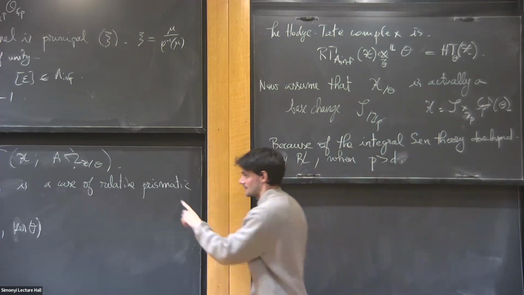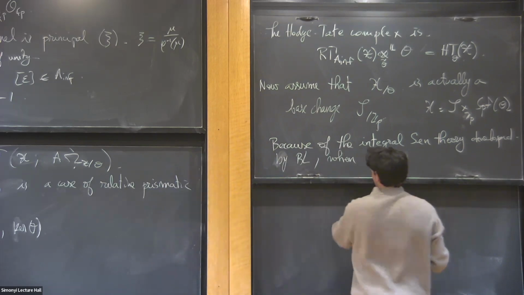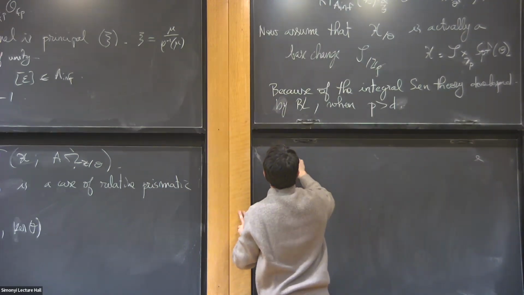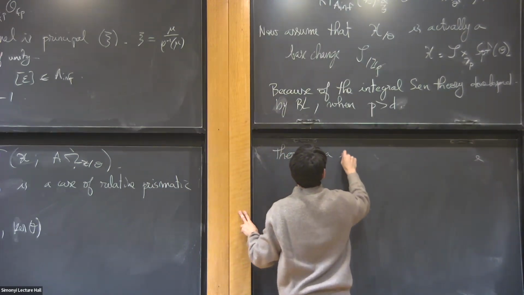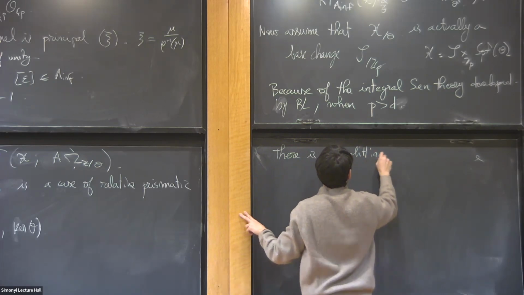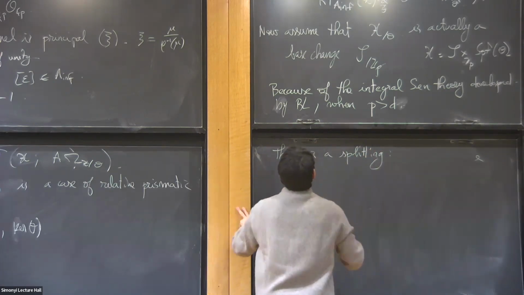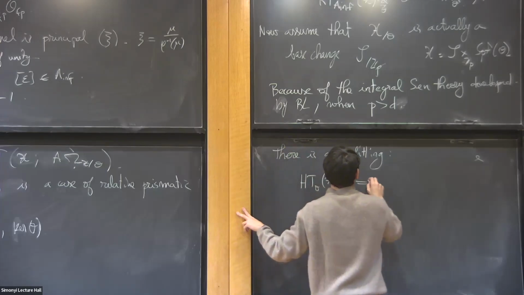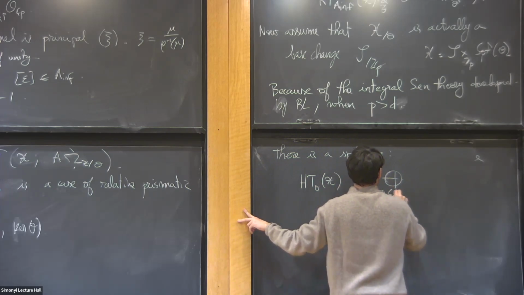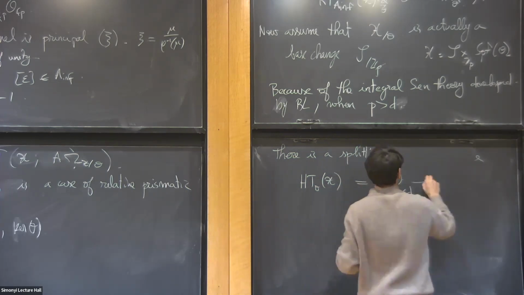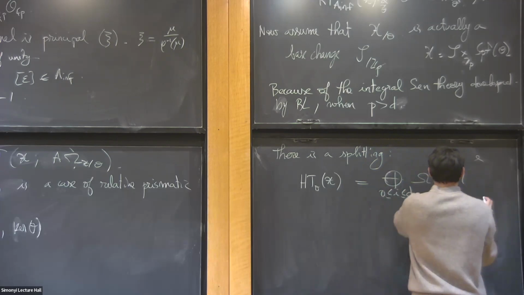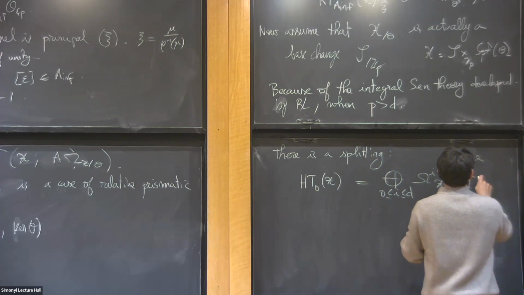So p larger than d in the theorem before, I should have assumed p larger than d. So there is a splitting of the Hodge-Tate complex as the sum from i to d of Omega^i_X, the differentials shifted by i, with a Breuil-Kisin twist.